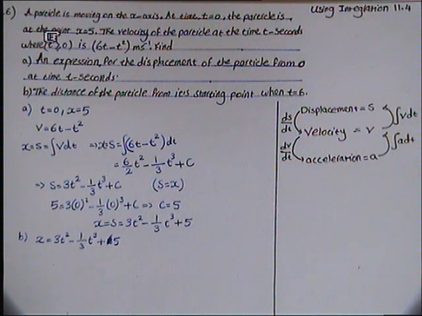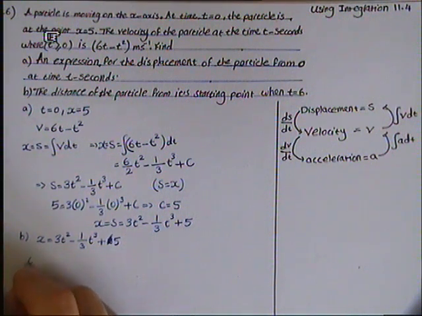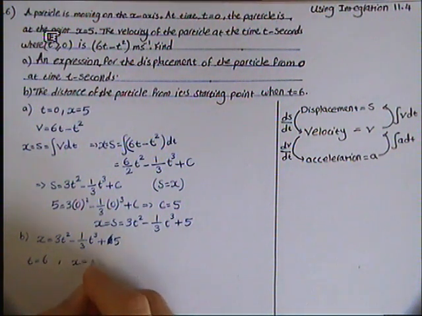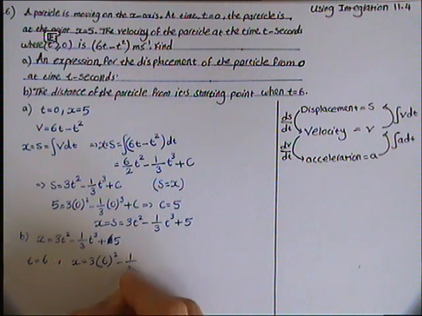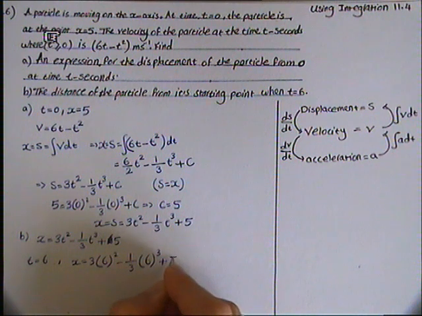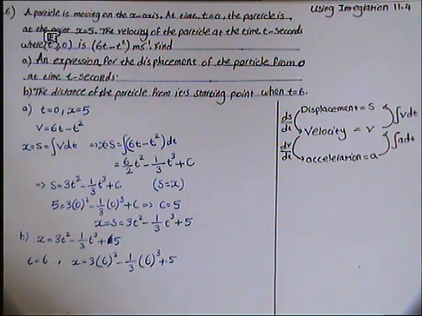So when t is equal to 6, x is equal to 3 times 6 squared minus 1 over 3 times 6 to the power of 3, plus 5. So x is equal to 41.